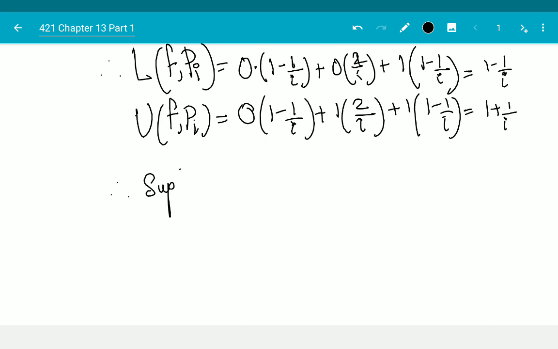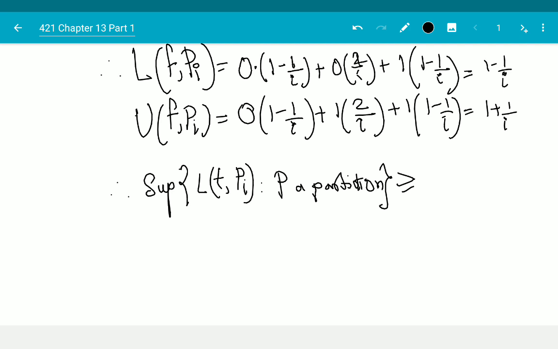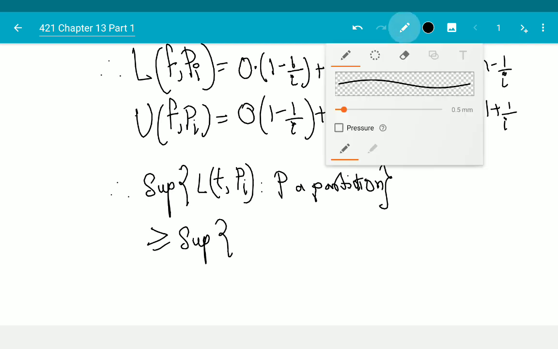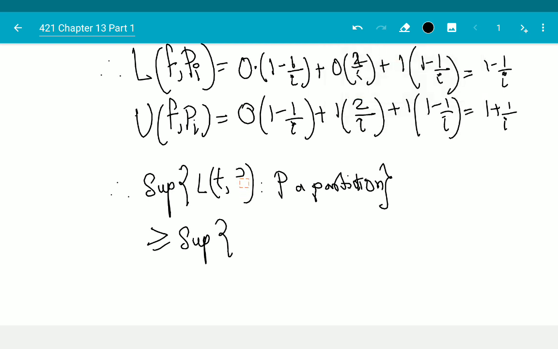the supremum of L of f comma P, over partitions P, is at least, well, all of these are partitions, right? These are not all the partitions that you could come up with. These are some of the partitions, so the supremum better be bigger than all of these. Sorry, this should have been P of partition, not pi of partition.